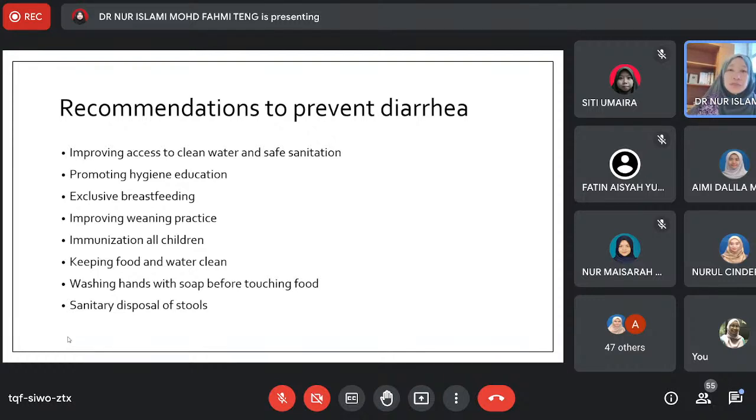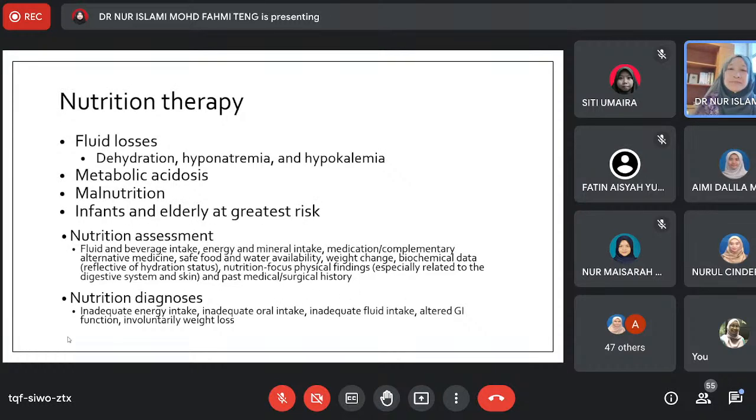But how about the nutrition therapy? When there are fluid losses due to diarrhea, it will lead to dehydration, hyponatremia, and also hypokalemia.